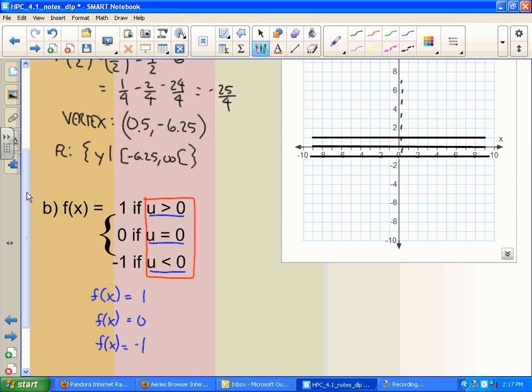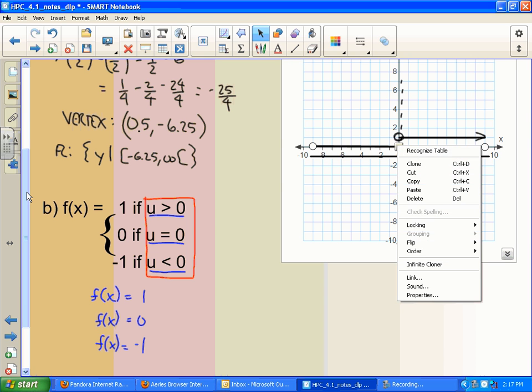So for the first one, I'm going to grab the graph and I'm going to erase everything from 0 on. And that's going to be an open circle right there on 0. And then it's going to have an arrowhead going forever that way. The next one is actually just a point. So get rid of this.